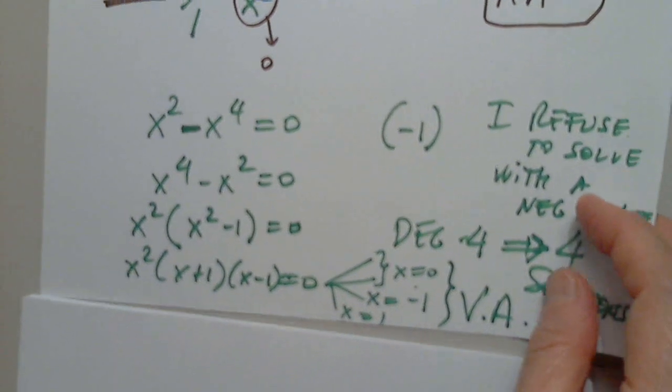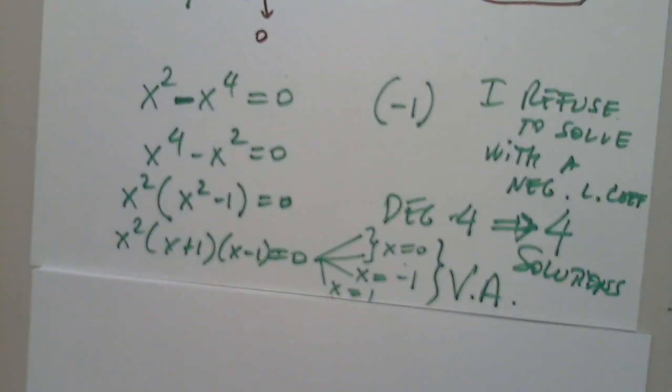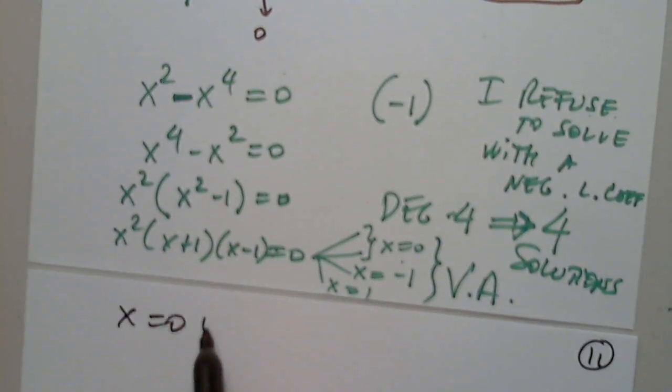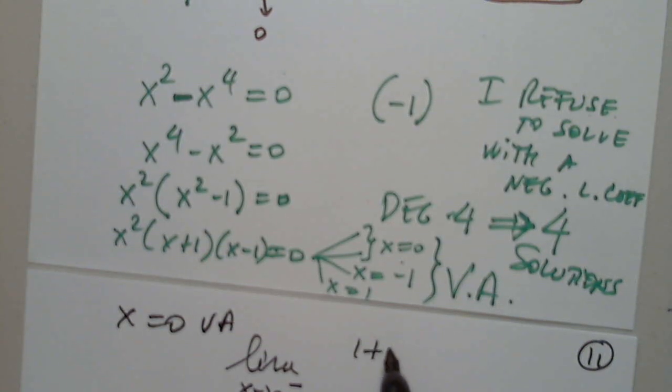And we are forced at this point to determine all those limits. Just the fact that I'm saying x equals 0 is a VA is not enough. I have to find the limit as x approaches 0 from the left.